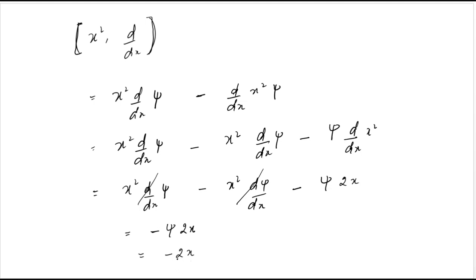So this is the commutator of these operators. If it were zero, we would say they commute, but it is not zero, so they do not commute.